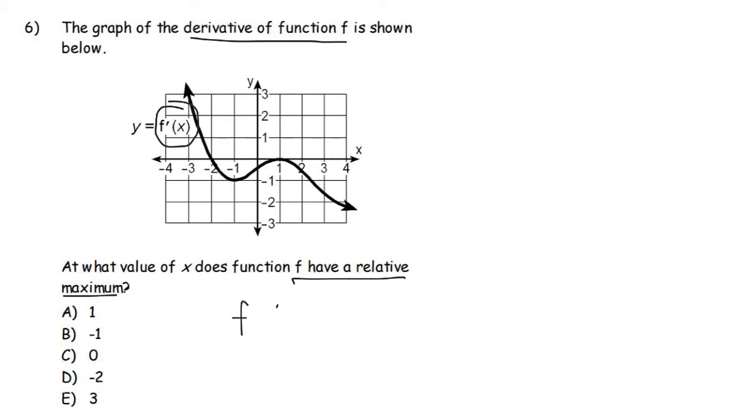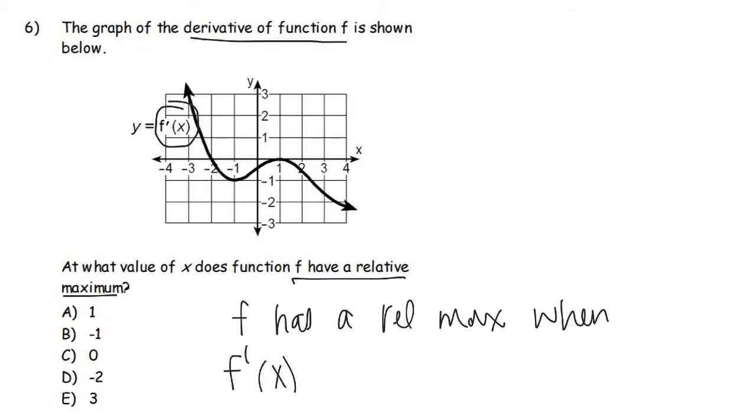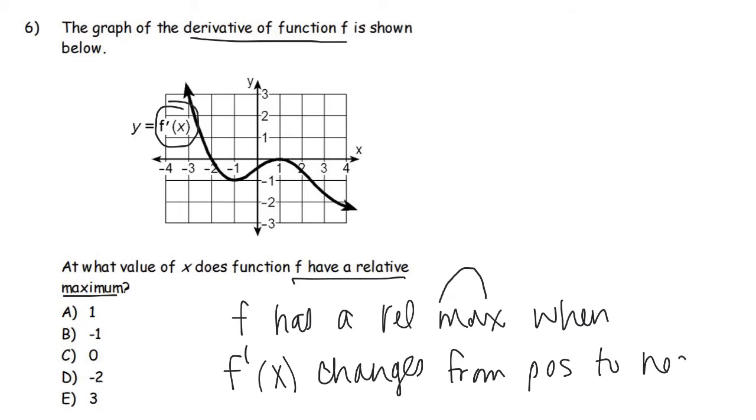F has a relative max when f prime of x changes from positive to negative, because that means f is increasing and then changes to decreasing. So where do we find that? From a positive to a negative, from above to below, is going to be right there. So my answer is D.